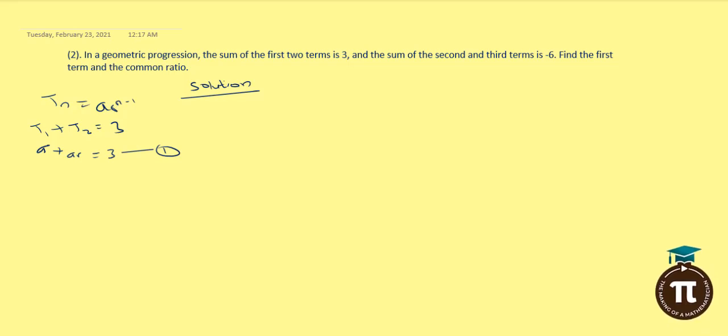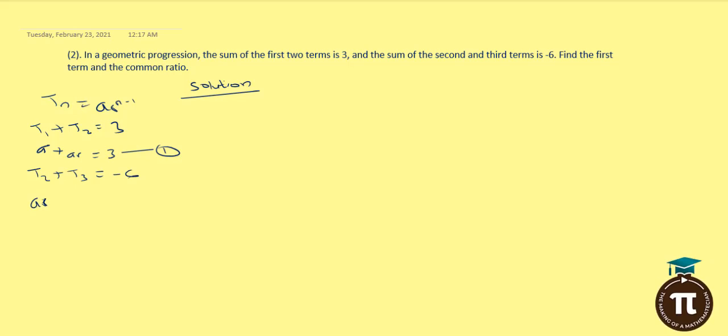Now again, we are told that the sum of the second and third term is minus 6. So I'm told that the sum of the second term and the third term is minus 6. So what do I do? The second term is ar, obviously.